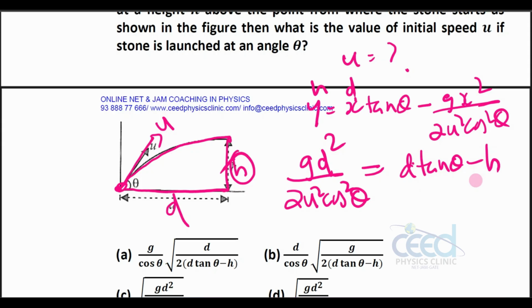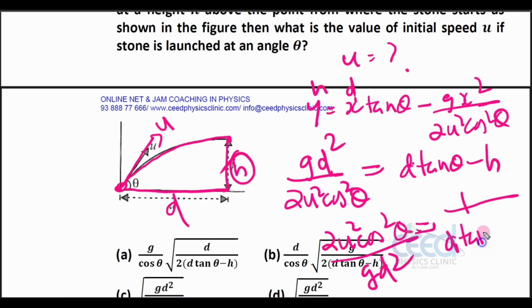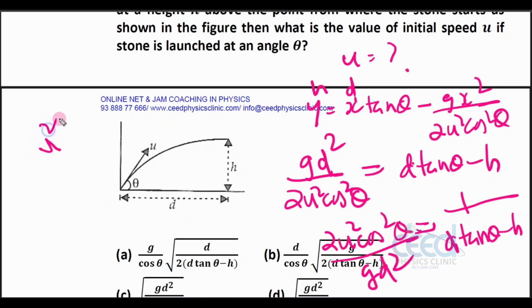We need u, that is why we are taking the reciprocal. 2u square cos square theta by g d square equal to 1 by d tan theta minus h. Alright. Now what is u? That is our question. I can write u square is equal to g d square divided by 2 cos square theta into d tan theta minus h.